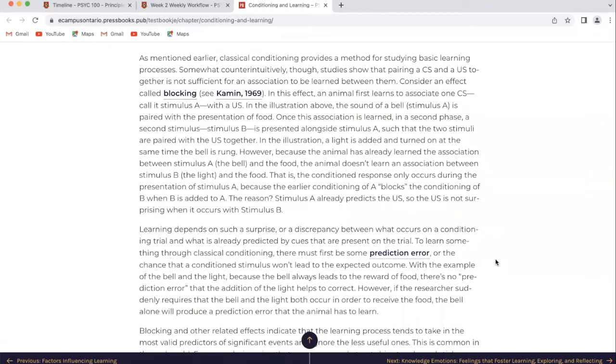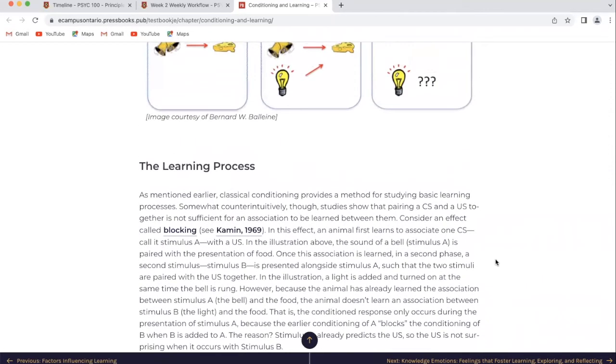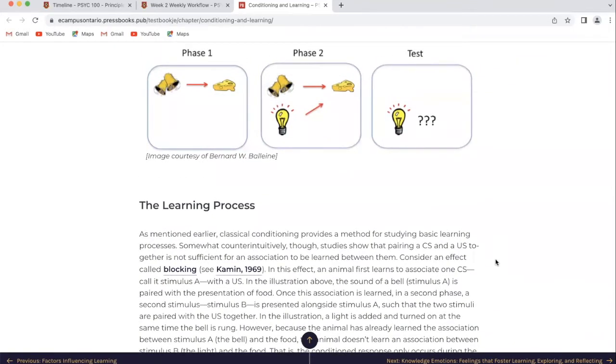They have an illustration here of the sound of a bell, which is stimulus A, paired with the presentation of food.